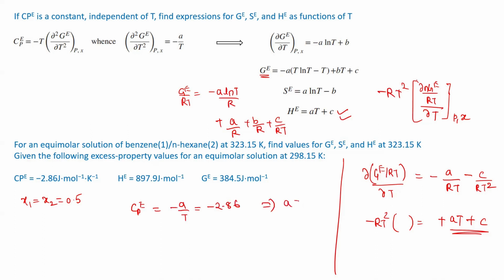From here, I will be getting A as 2.86 into the temperature, that is Kelvin, 298.15, which is 852.7.